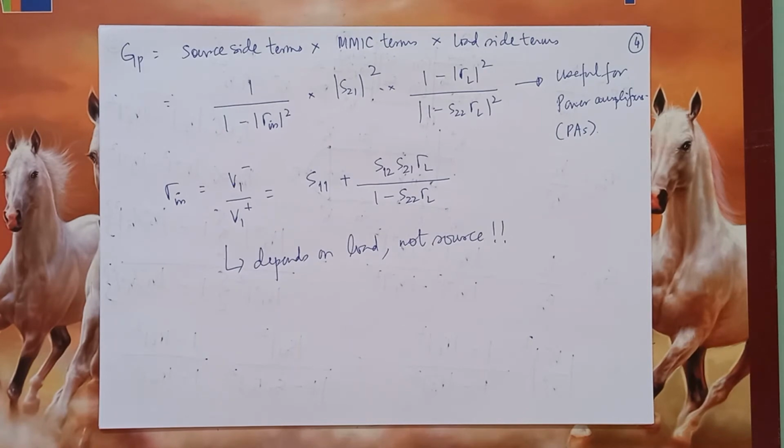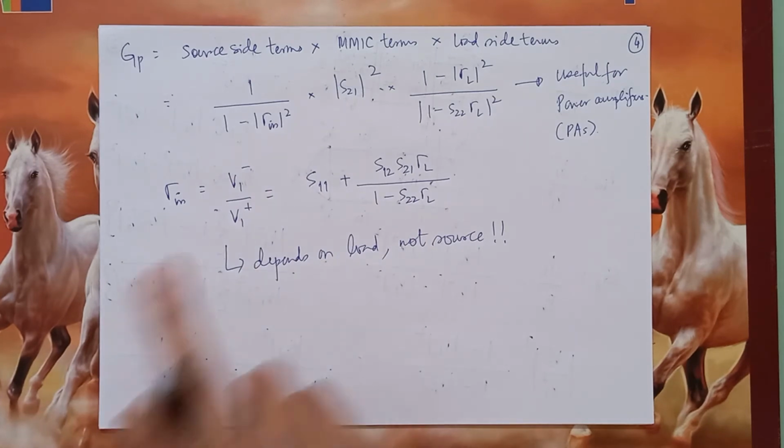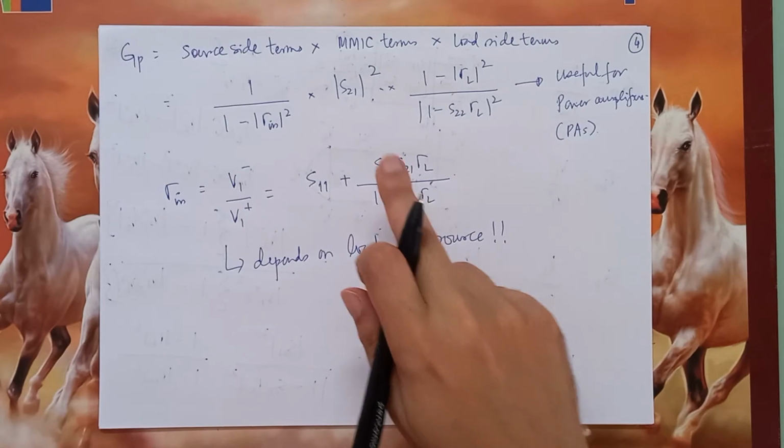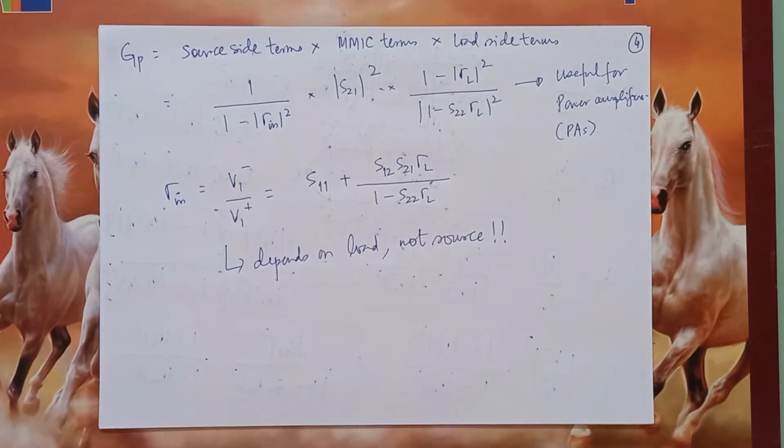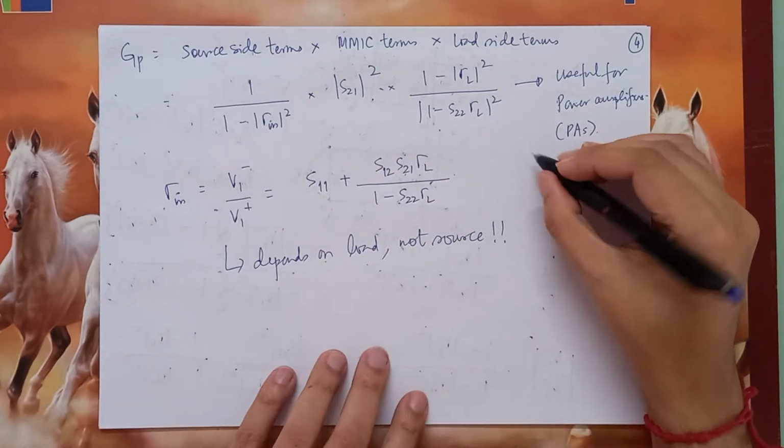Now, so far we have defined what is the power gain. At the same time, it is important to note that this is not the only possible gain expression that an MMIC can have. Why? Because we ourselves said that the power gain is more load centric.